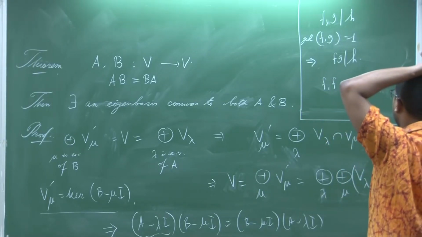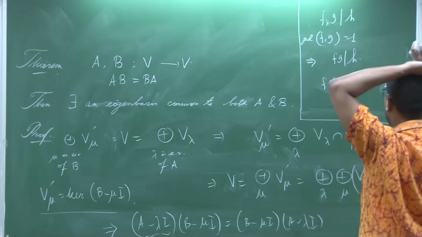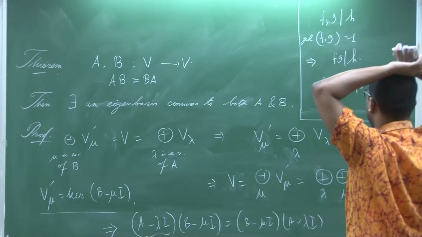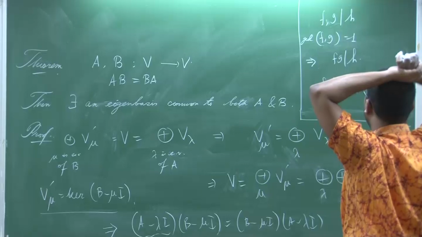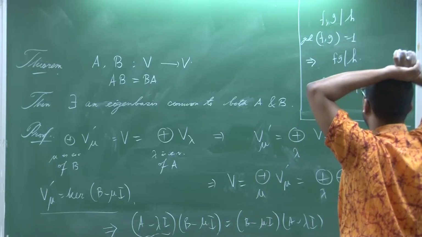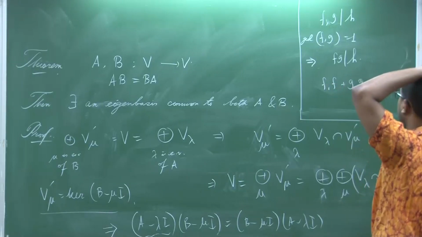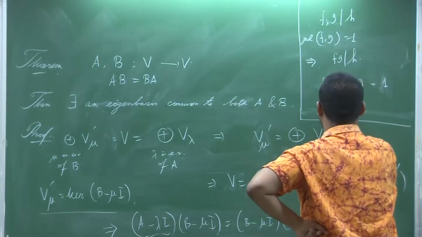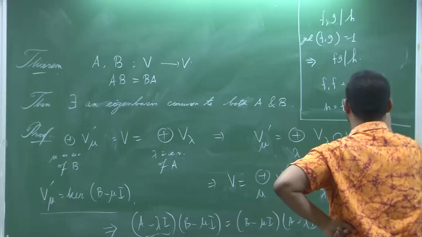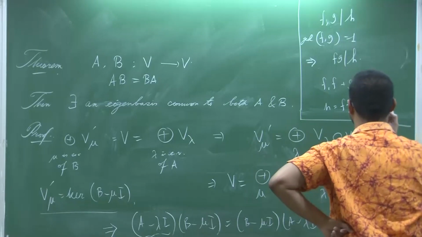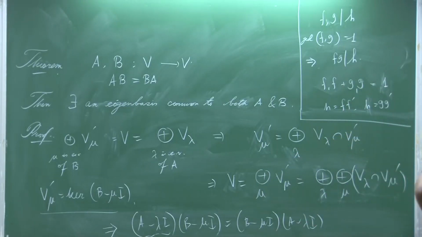So, we should prove that f g divides H. So, how to get f g? H should be f times some f prime, and H should be g times some g prime. Using them, how to prove f g divides H?